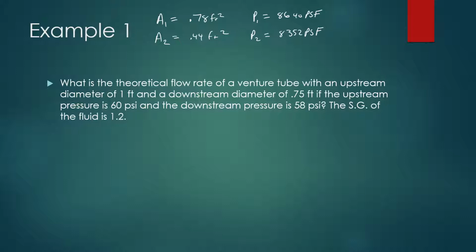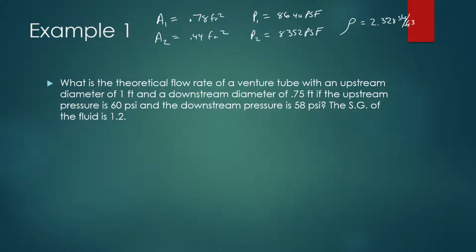Those need to be your base units in order for this to work. If you are in other units like psi, you may have issues. And then the last thing is the density, which again needs to be in slugs per foot cubed, and in this case it's going to be equal to 2.328 slug per foot cubed.